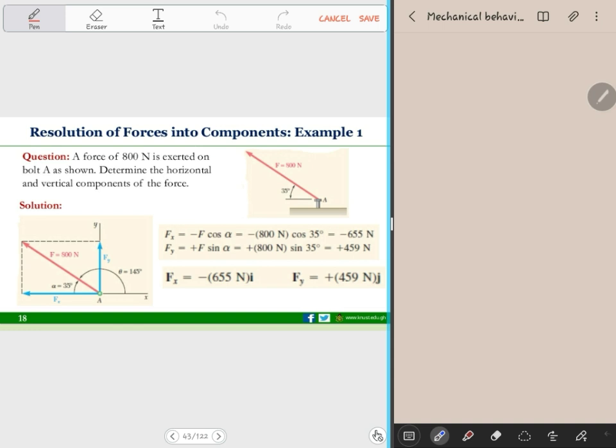Okay, so imagine that you're given a question like this. Let's say they give some of the forces to be, let's say, 655 newtons, and then they have another one, the A and then this B, FB, 459 newtons.